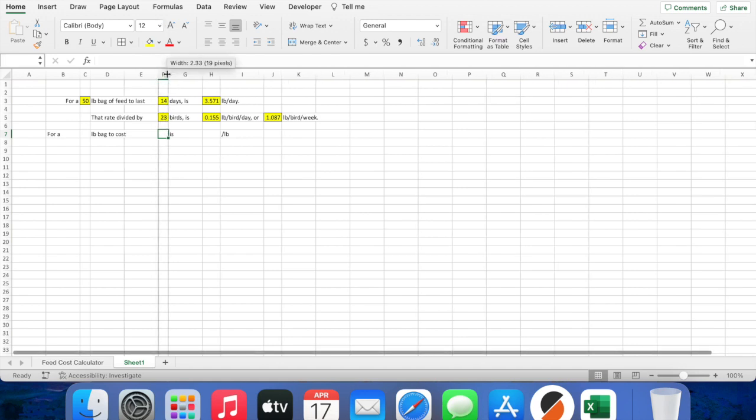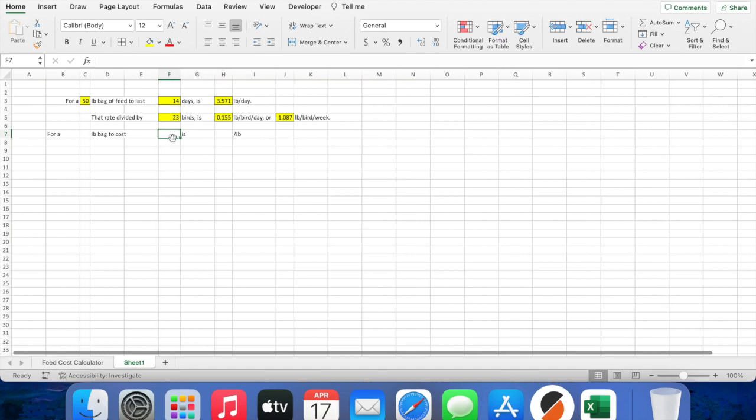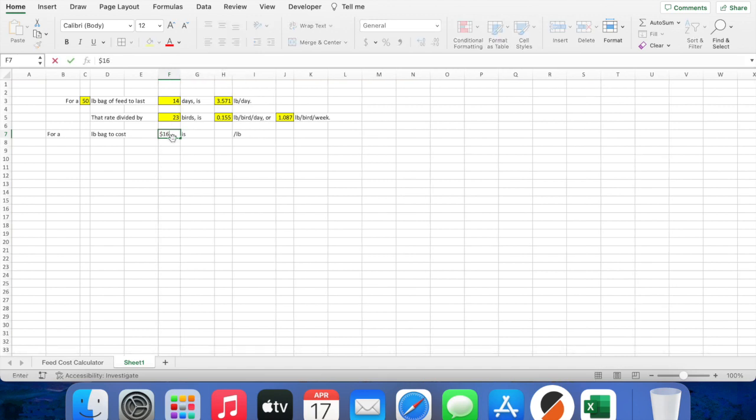Okay, so the bag cost $16. I'm going to make this equal to that, so it'll stay equal to whatever the top cell is. I'm not going to have two different values on here by accident. So this is just dollars per pound.